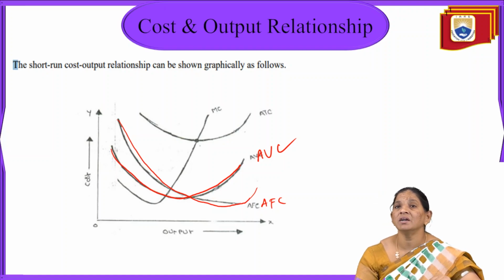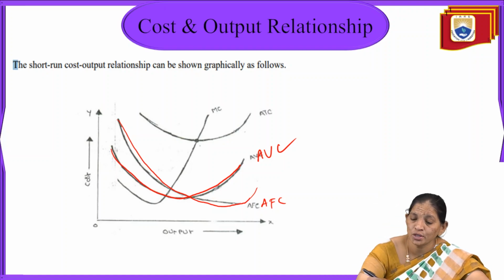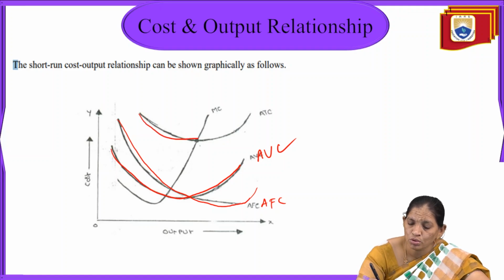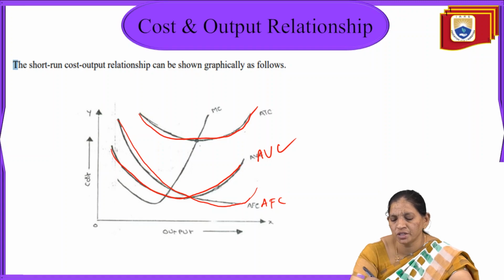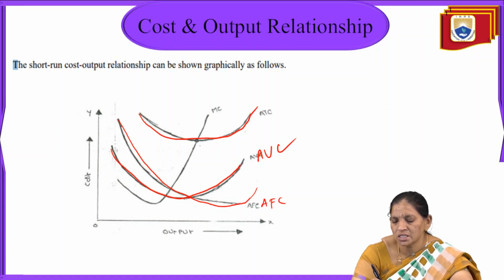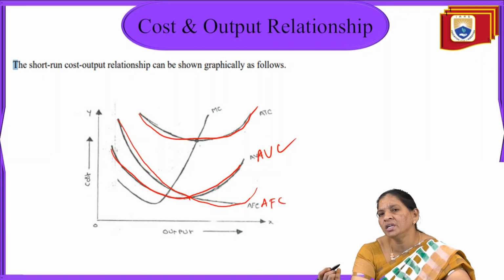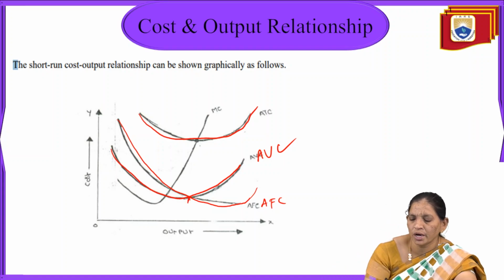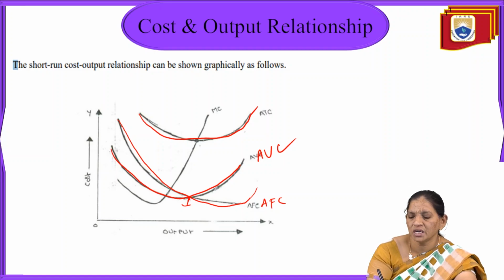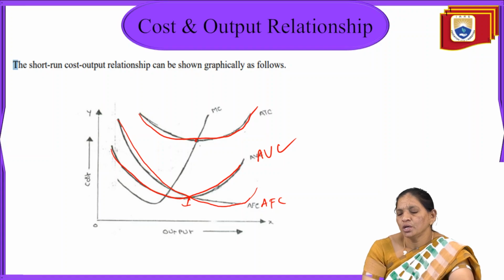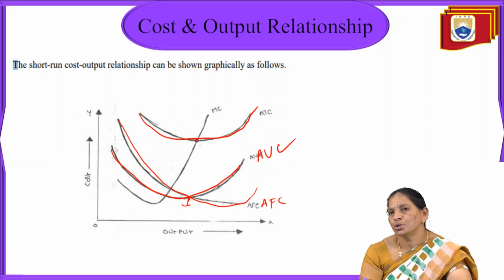When we look at the average cost, it is also U-shaped, given by the point where we are able to identify the meeting of these two, average fixed and variable cost, from which we get the average total cost.